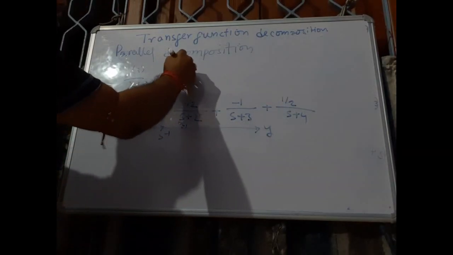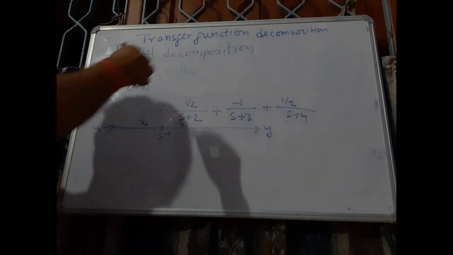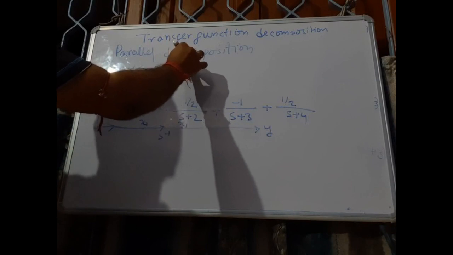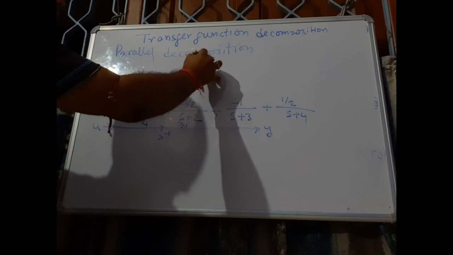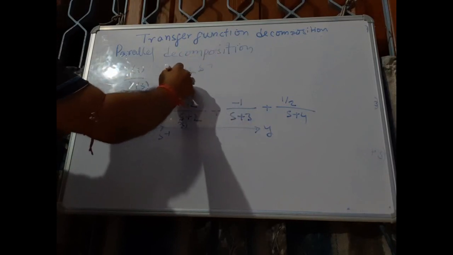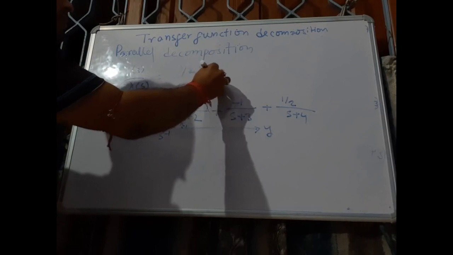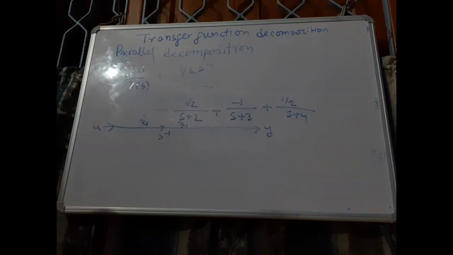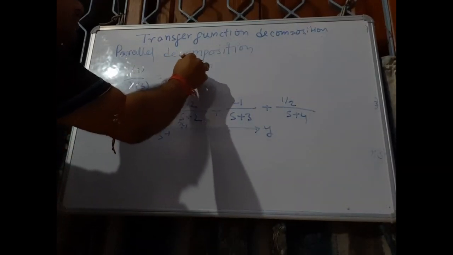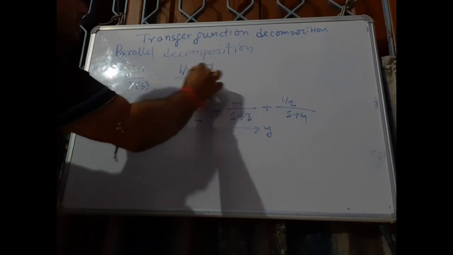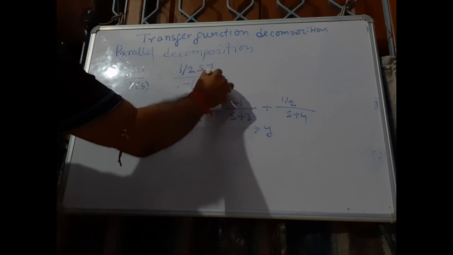This is half S inverse divided by 1 minus of minus 2 S inverse. You can see that.